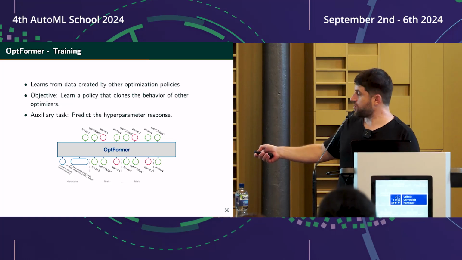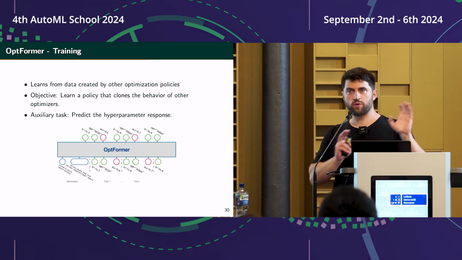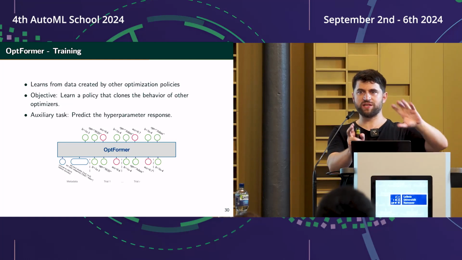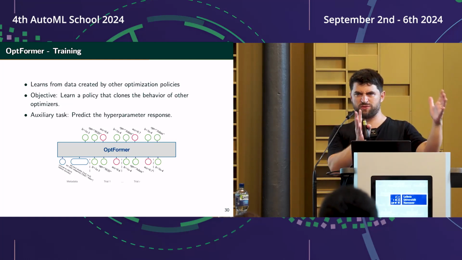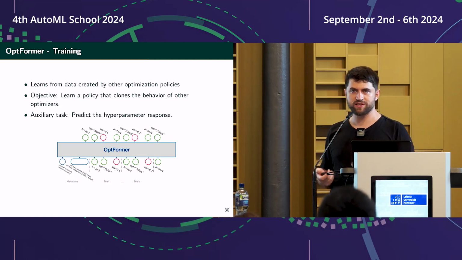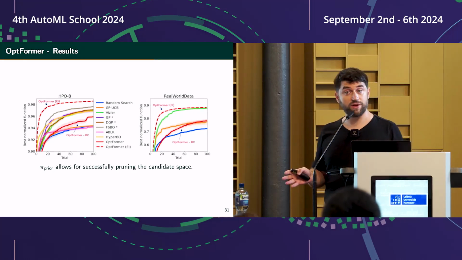So it's more of this question answering language modeling. Now the question is, given those hyperparameters, these problem characteristics, and those performances in free text, what is the performance of a configuration, also raised as a question in free text. And surprisingly, this works very well.